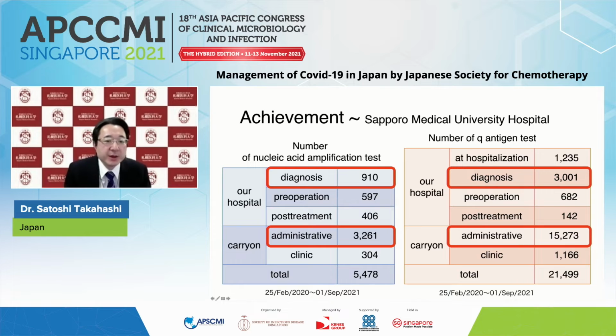Therefore, we can check so many specimens in Sapporo or Hokkaido prefecture. So we can contribute to some hospitals or some administrative samples from some clinics or some long-term care facilities.